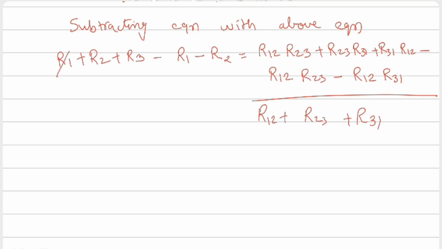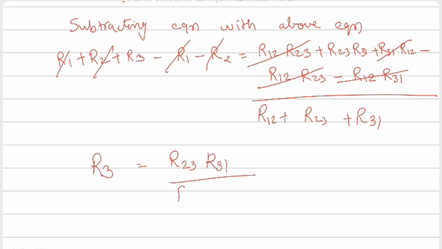Now this R1 cancels this R1, and this R2 cancels this R2. So here you are left with R3 equals R23 R31 divided by R12 plus R23 plus R31.